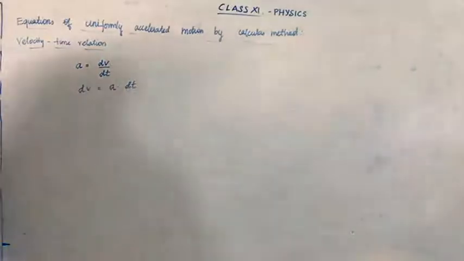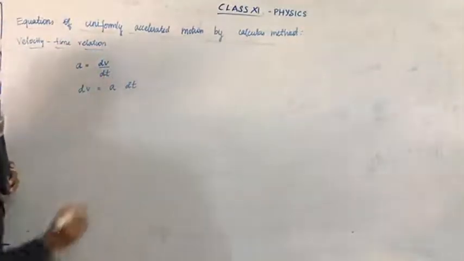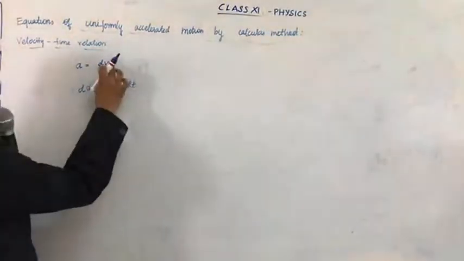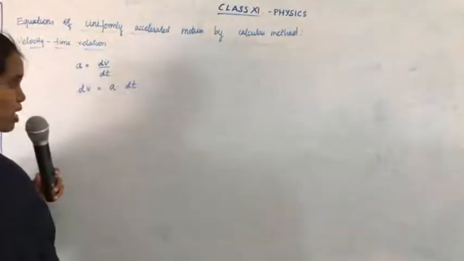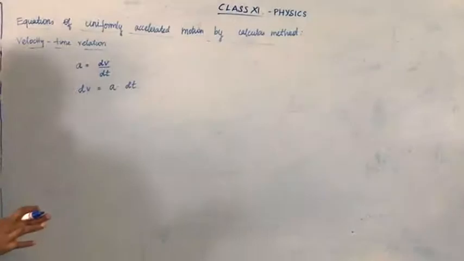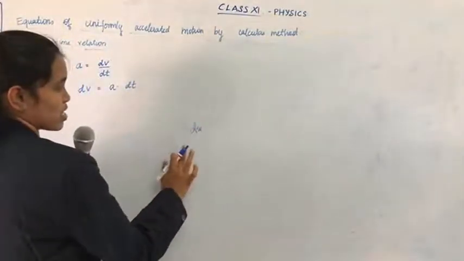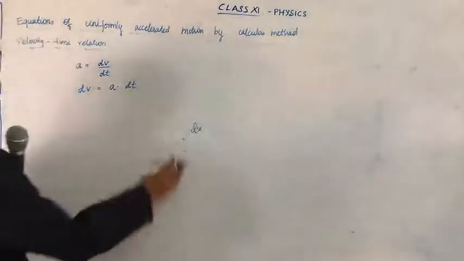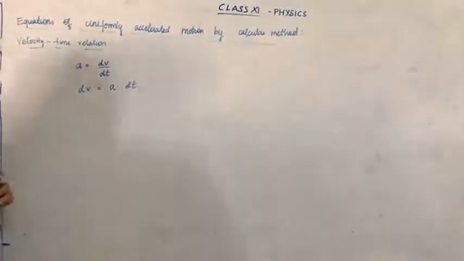Listen carefully, children. Write it down: a equal to dv by dt. What is a? A is acceleration, dv is change in velocity, dt is change in time. In integration, only the changes are involved. The d indicates changes. So there is a change in time and a change in velocity.